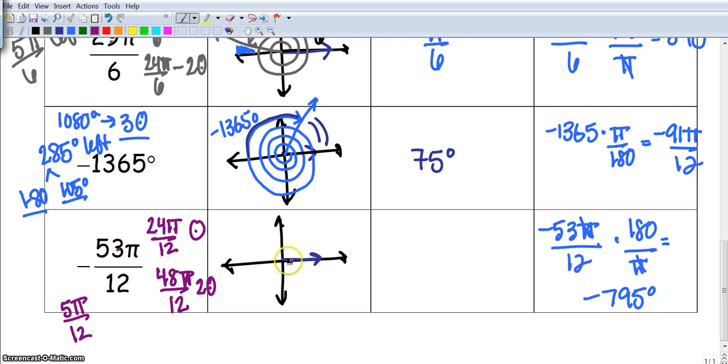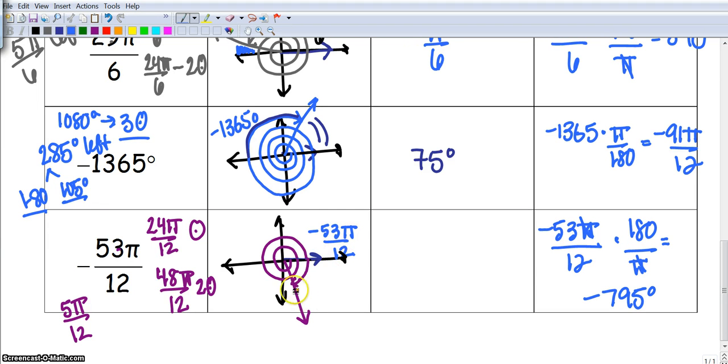So 2 circles, 1, 2, and now we're going a little less than a quarter of the way around. So here. And this is our 5 pi over 12. Oops, excuse me. This is our full angle of negative 53 pi over 12.